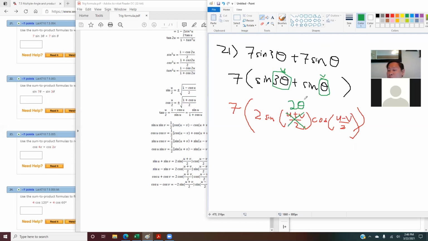And can you tell me what is u minus v over 2 in this case? It would be 2 theta over 2, which is, yep, theta. And then what you do with this 7 and 2?